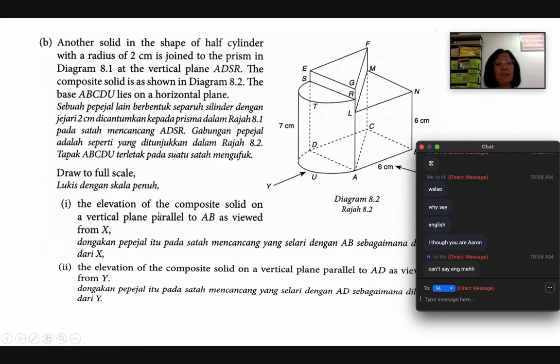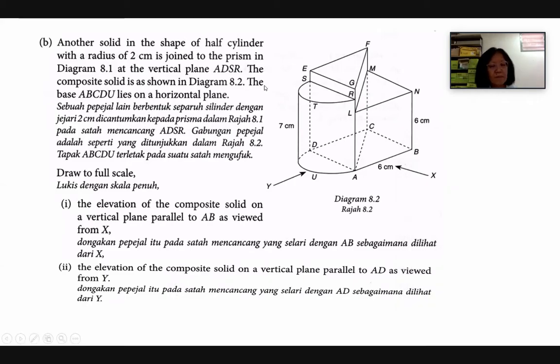For part B, part 1, the elevation from X. That means we are supposed to draw what we can see from the position X. Part 2, from Y. If you don't have the question, please screenshot it, because I will give you the answer now. One more time, draw to full scale.